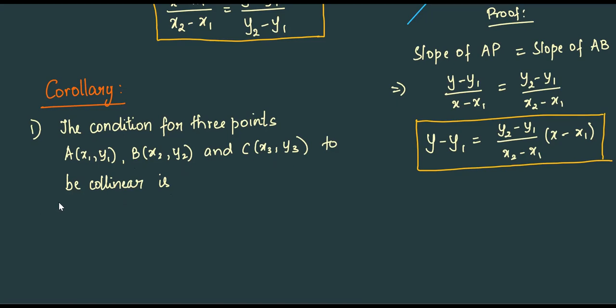So the third point satisfies the equation of the line passing through the other two.